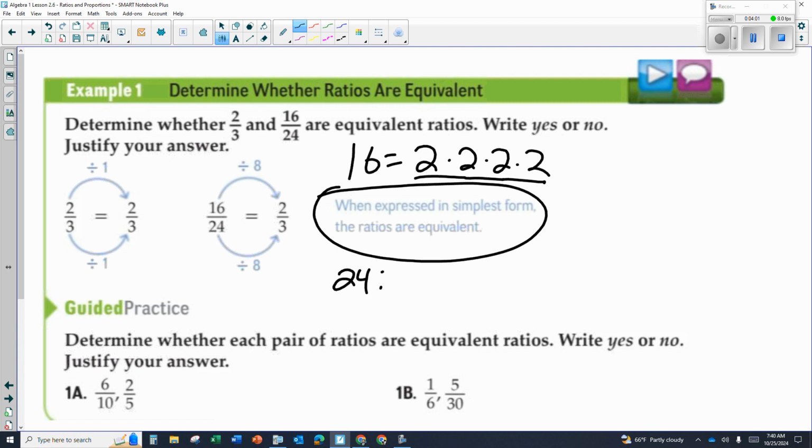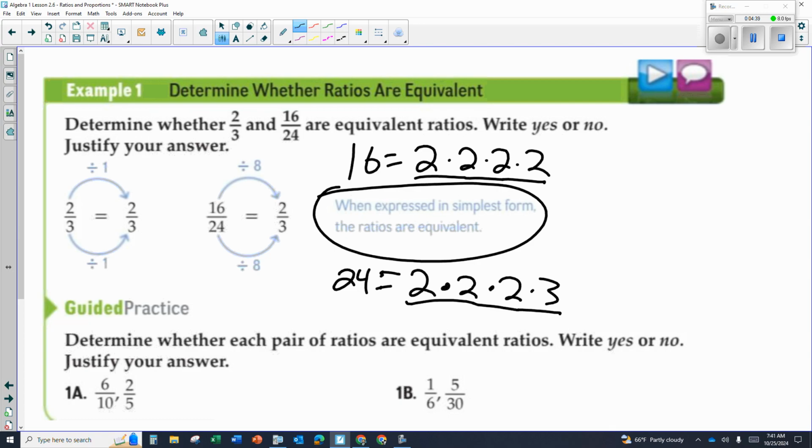Prime factorization of 24, excuse me, 2 times 2 is 4, 4 times 2 is 8, times 3 gives you 24. That's my factorization. So I am going to rewrite 16/24.